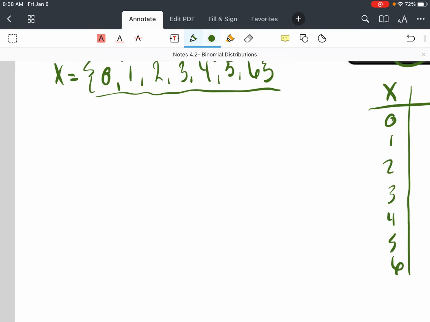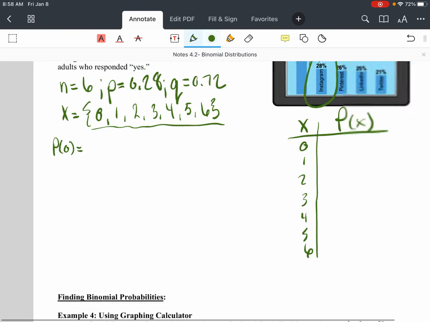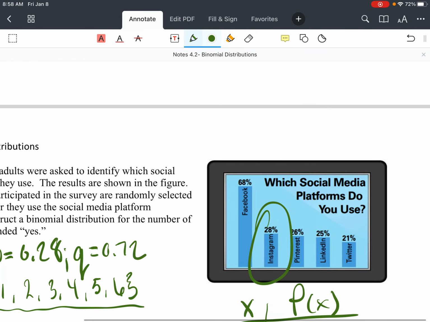Now we're going to have to actually calculate each of those values. So the probability of 0, p of 0, in other words nobody using Instagram, is equal to, we're going to use that binomial equation.